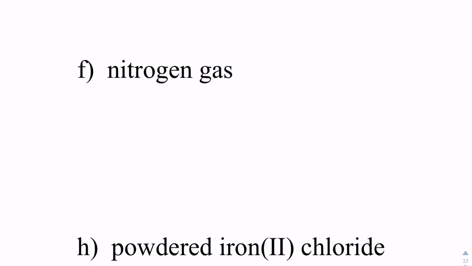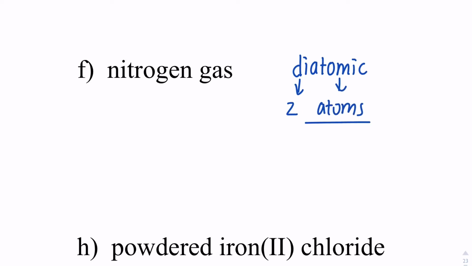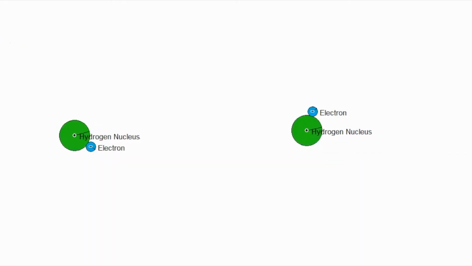Recall from the periodic table that there are 7 elements that exist as pure diatomic elements. Di means 2, atomic means atoms. This means that there are 2 atoms bound together. Here we can see the formation of diatomic molecules.